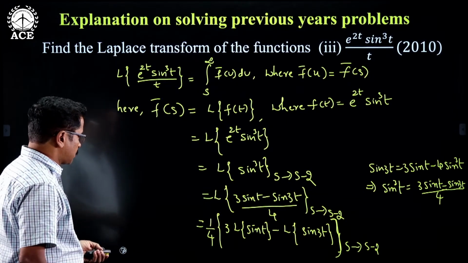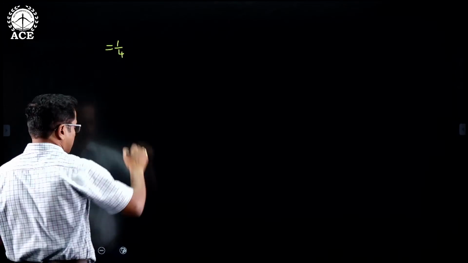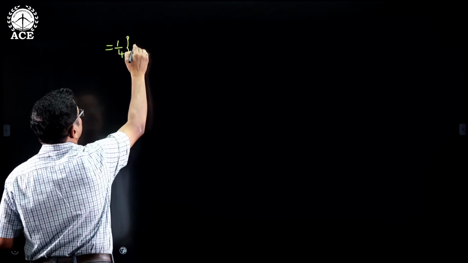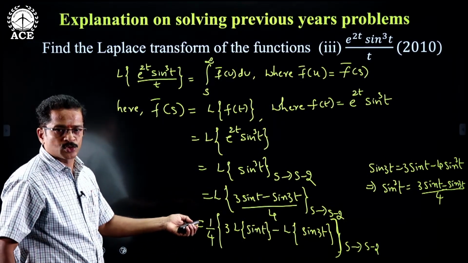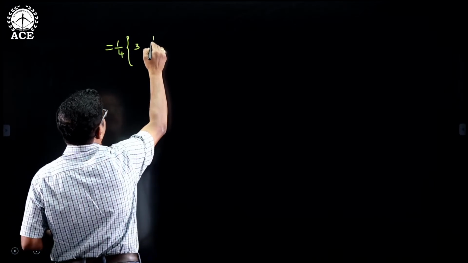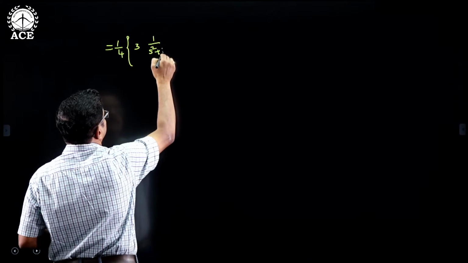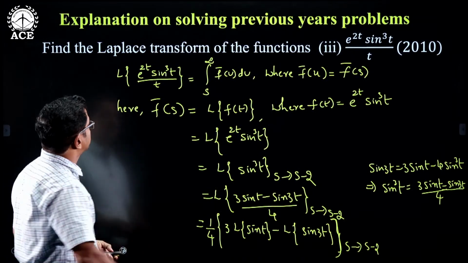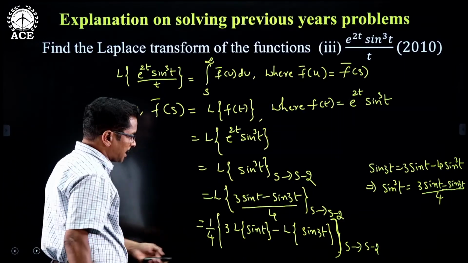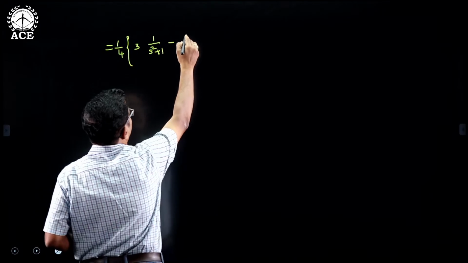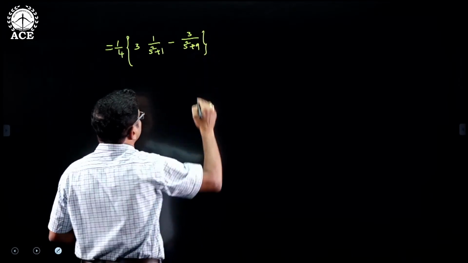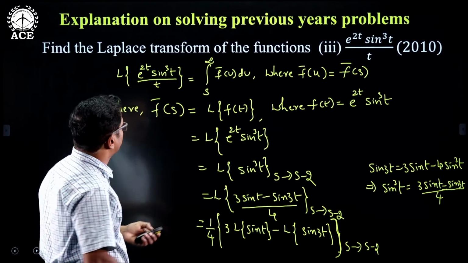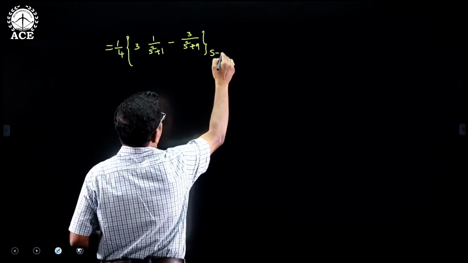Okay, so now it equals 1 by 4 into 3 into L of sin t, which is a by s square plus a square, that is 1 by s square plus 1, minus L of sin 3t, which is 3 by s square plus 9, where s is shifted to s minus 2.